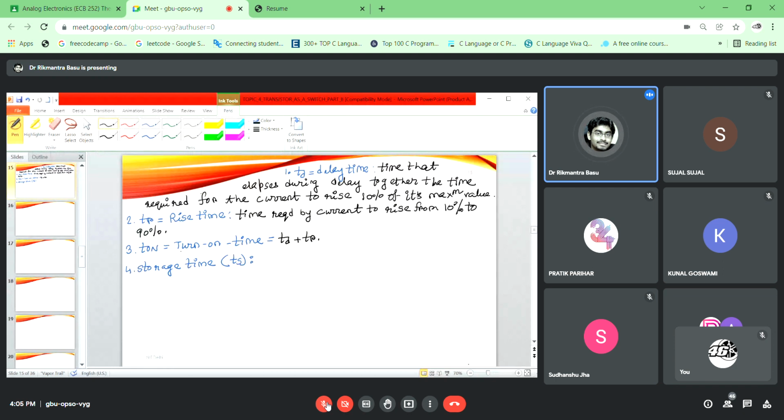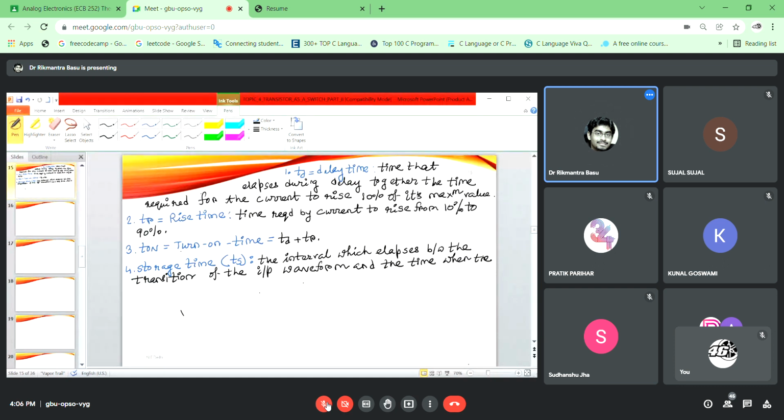Storage time, the interval which elapses between the transition of the input waveform and the time when the current has dropped.